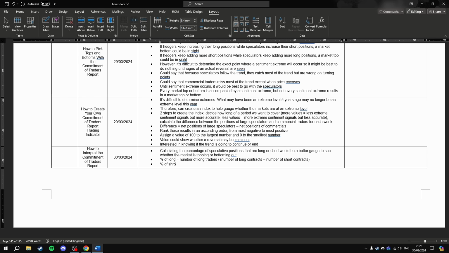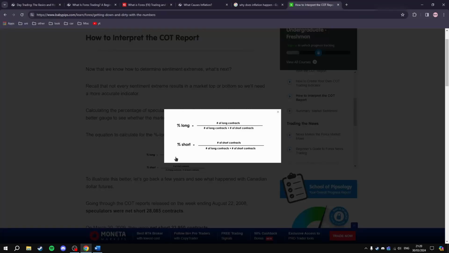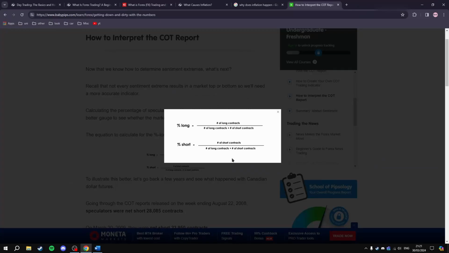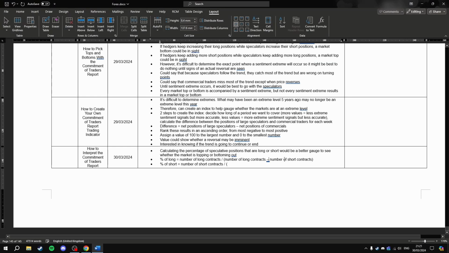Percentage of short is equal to number of short contracts divided by number of long contracts plus number of short contracts.